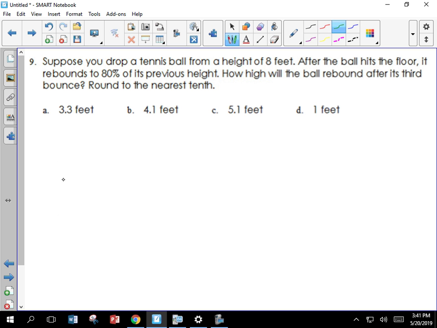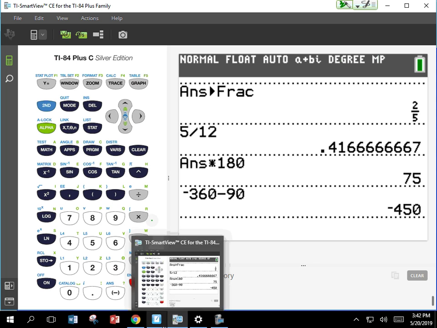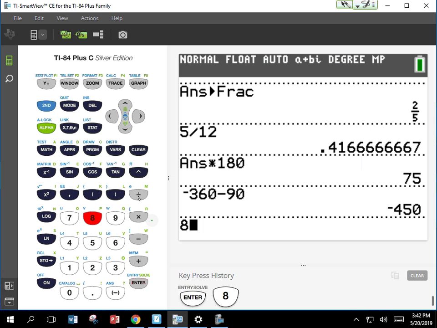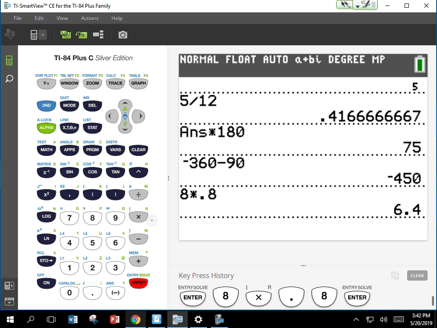So right here, if I drop a tennis ball off this and it bounces back up to 80%, that's the first bounce. So how you do that is after the first bounce, you take the height and multiply it by the percentage it said, so 0.8, because that's 80%.